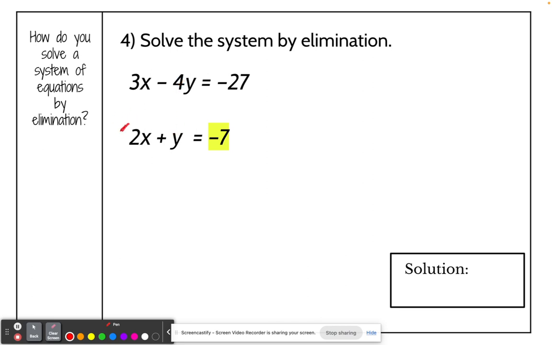So I'm going to multiply this whole equation by 4. That will leave me with 8x plus 4y equals negative 28.